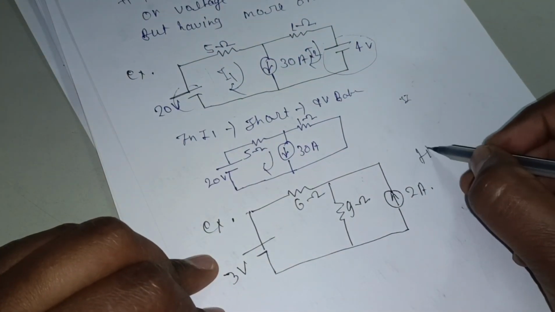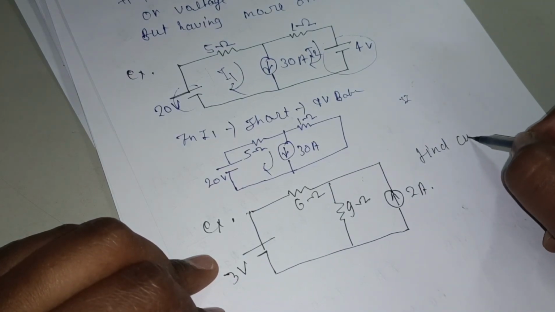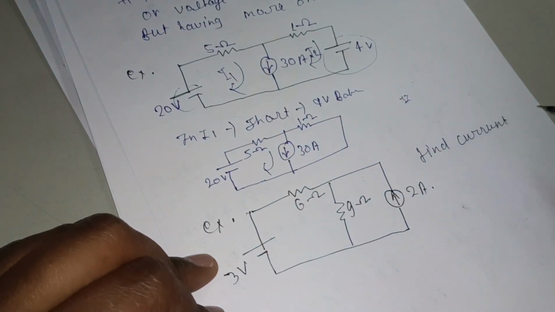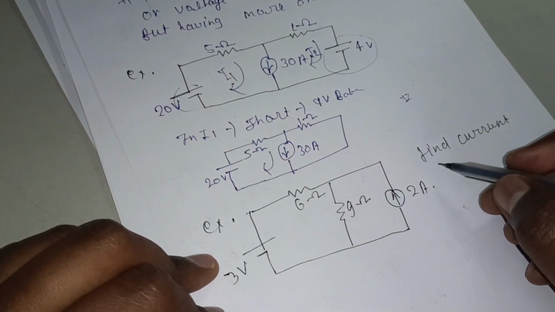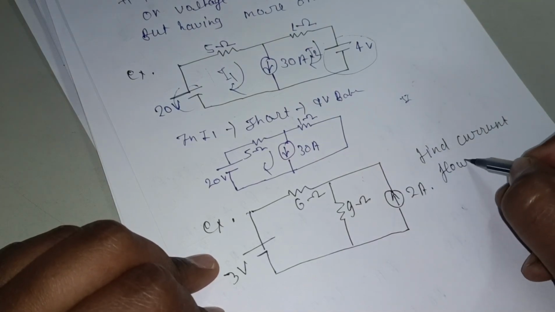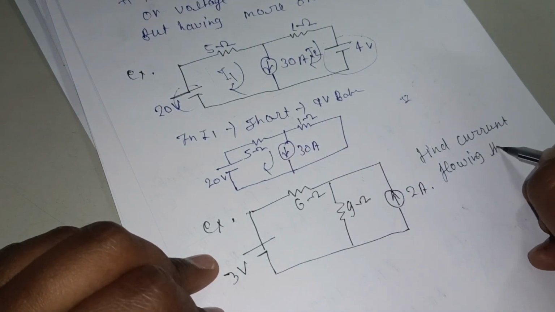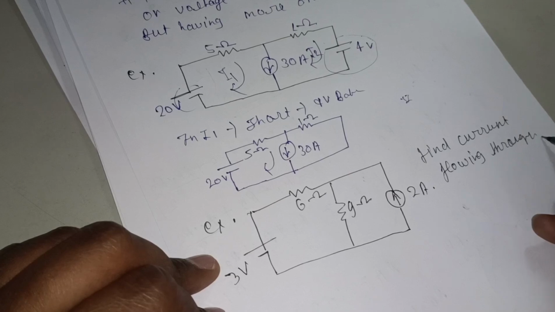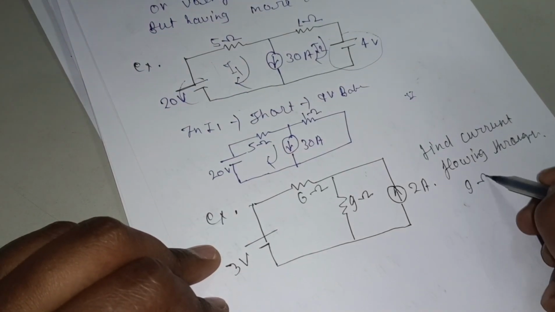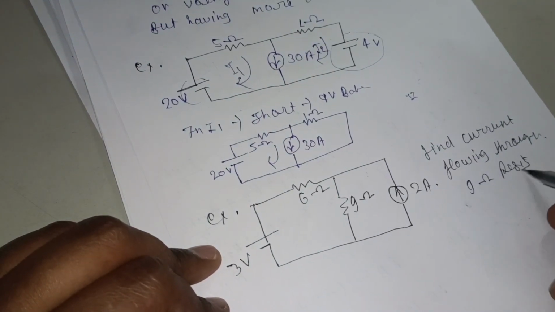So find the current flowing through the 9 ohm resistance.